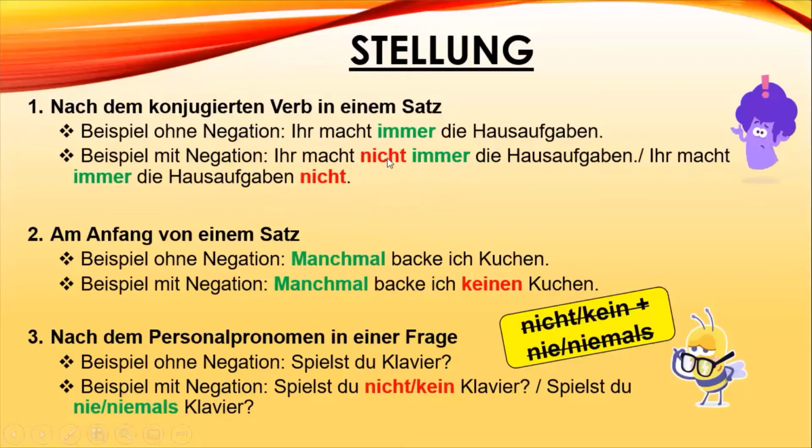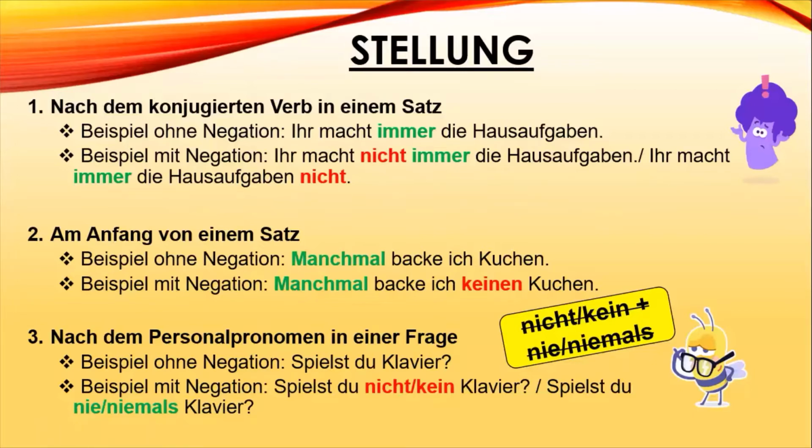So there is the possibility of the word nicht or not coming before the adverb, and there is the possibility of nicht coming at the end of the sentence. As in, ihr macht immer die Hausaufgaben nicht.